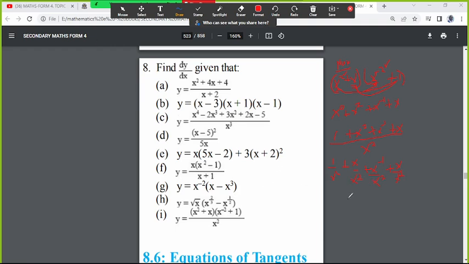We don't want to see anything on the denominator. Of course, others will cancel out. Like this one, 1x will cancel with 1x on the denominator. So we are going to remain with the 1 over x squared plus 1 over x.